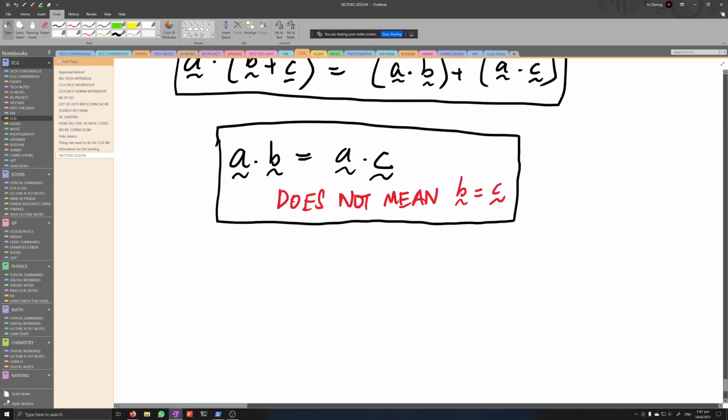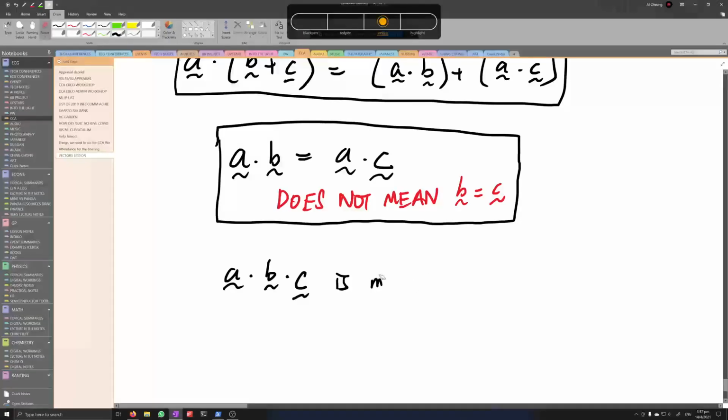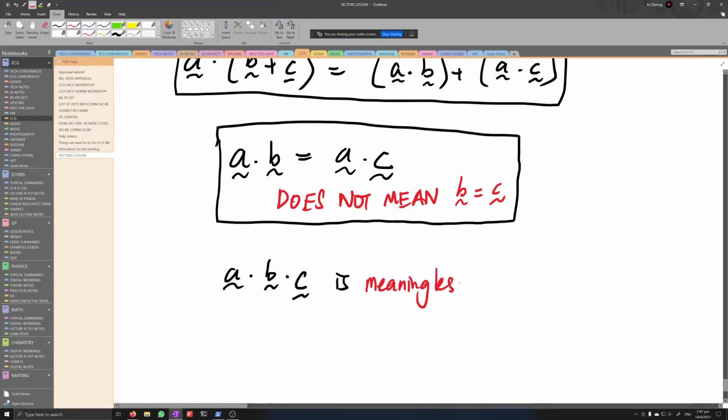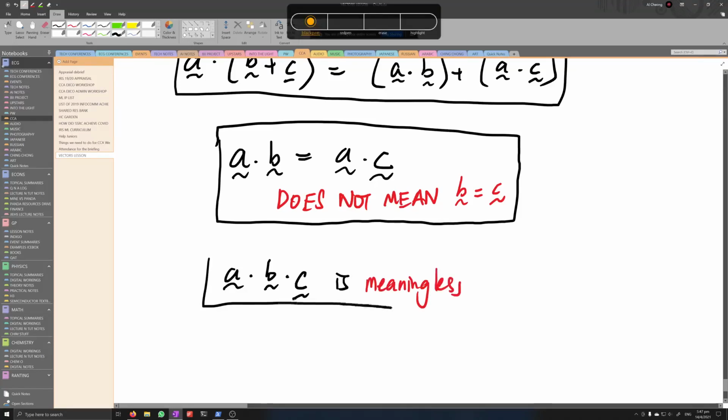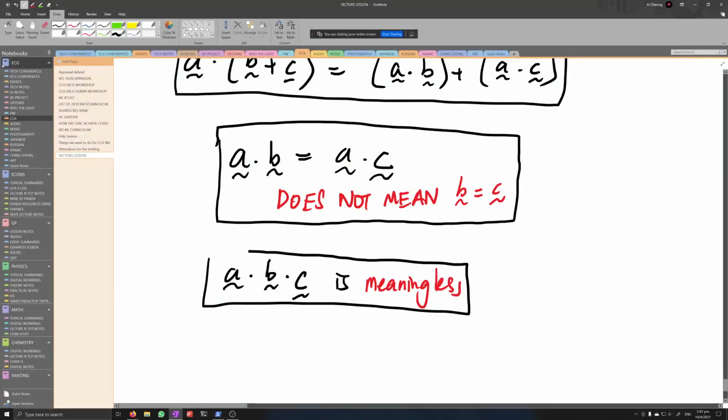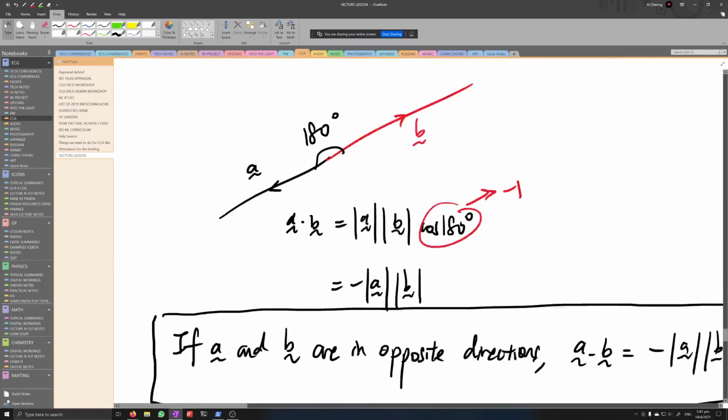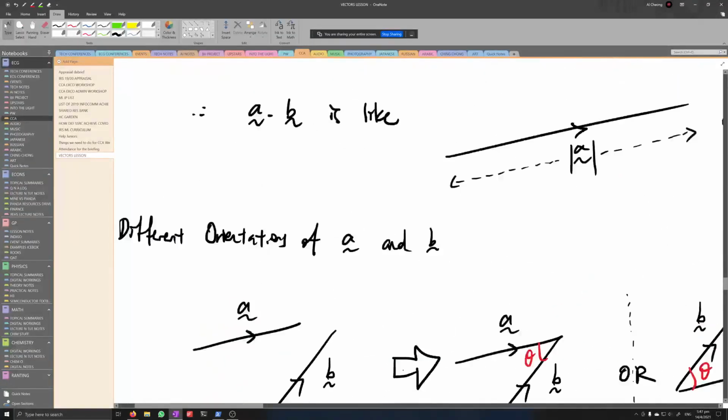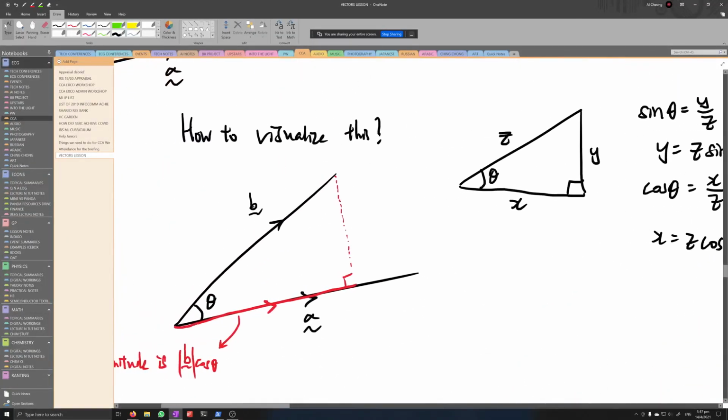And lastly, A dot B dot C is meaningless. Oh, this is in red color. Because the very idea of the dot product is that you can only dot two things at once.